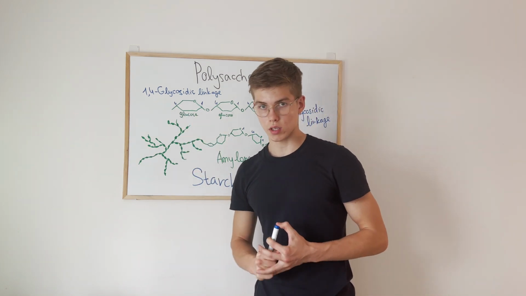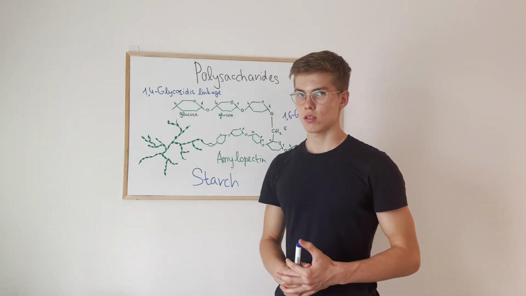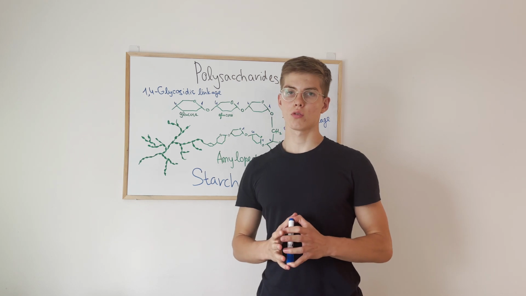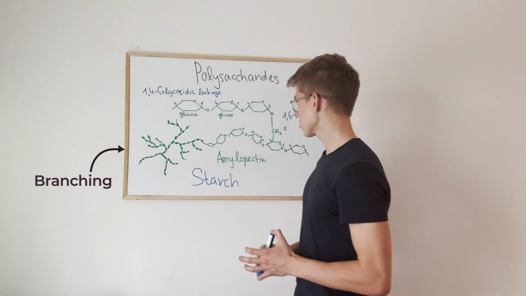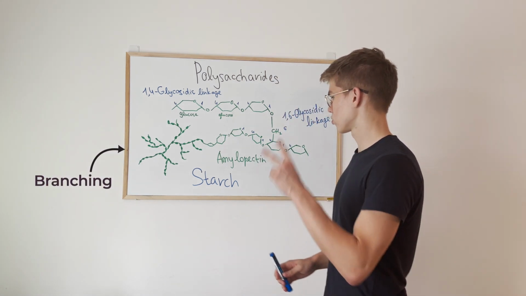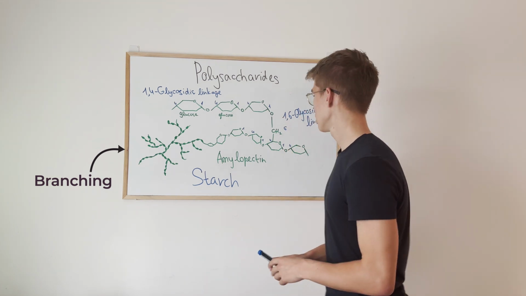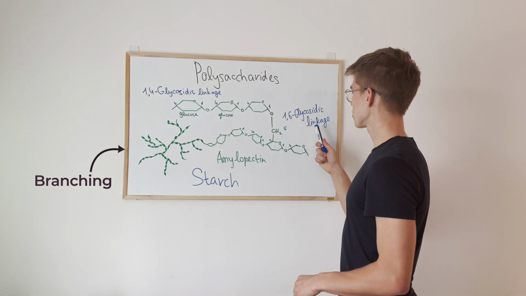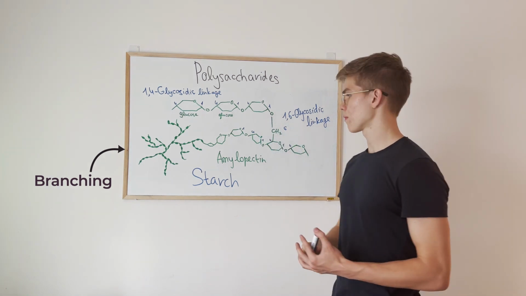But what happens in the case of amylopectin is that approximately every 10th glucose molecule gets branched, so it gets connected to two glucose molecules through 1,4-glycosidic linkage and 1,6-glycosidic linkage.